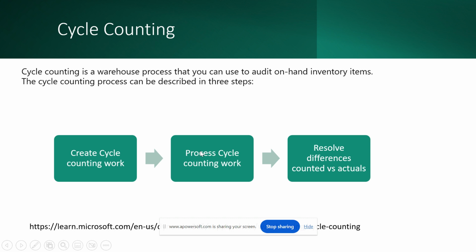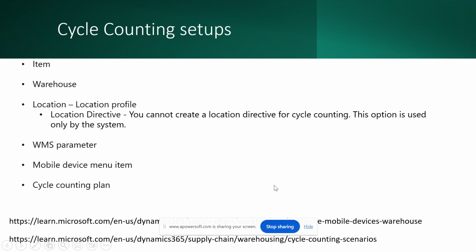Once it is processed, the work is generated, and you perform that work using the mobile device, or you can also perform the work in the system itself. Once the work is performed, if there are any differences between counted versus actual, you need to resolve those differences and post the counting journals so that the stock adjustments can be performed in the system. That's the whole process of how to achieve cycle counting.